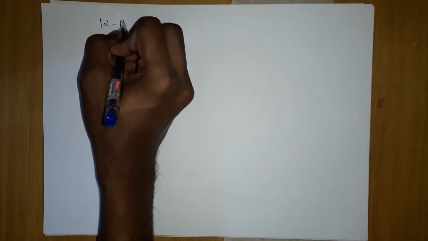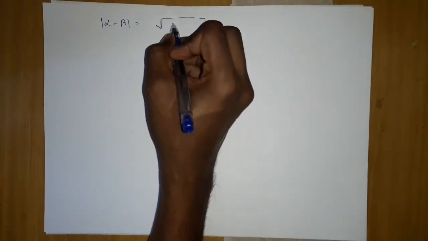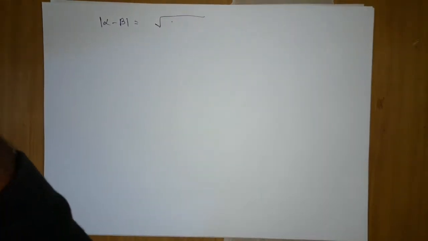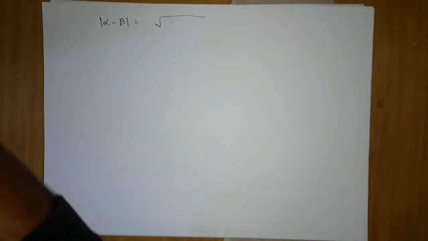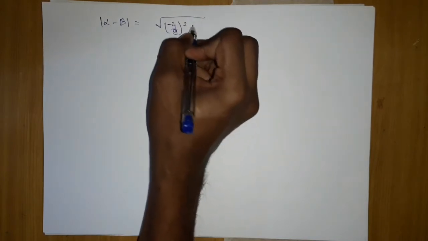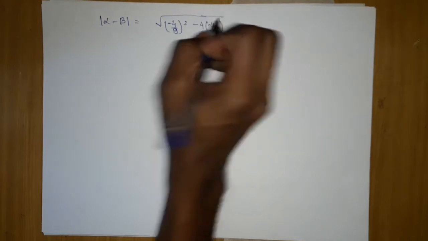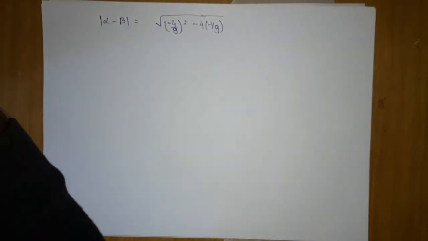Let me solve it with the formula. Alpha minus beta is under root of alpha plus beta, which we had as minus 4 by 9, the whole square minus 4 into minus 1 by 9. If you remember, the product of the roots was minus 1 by 9.